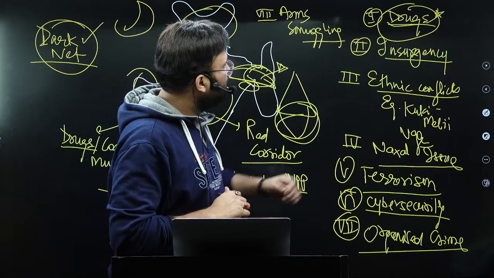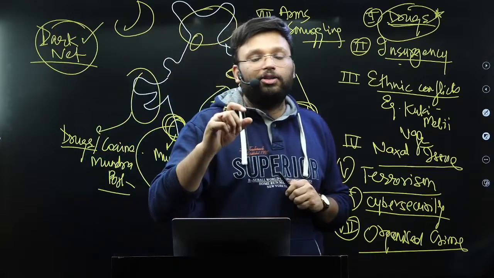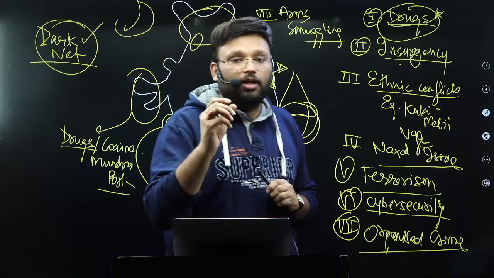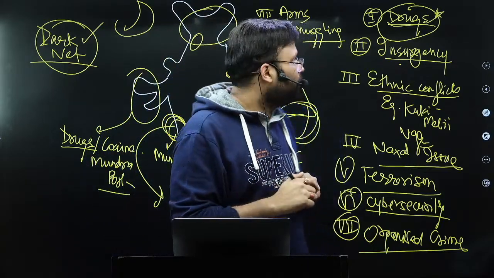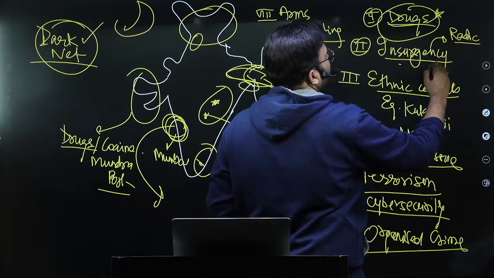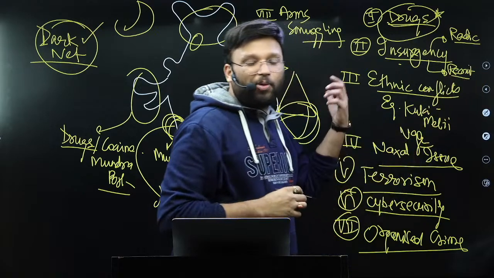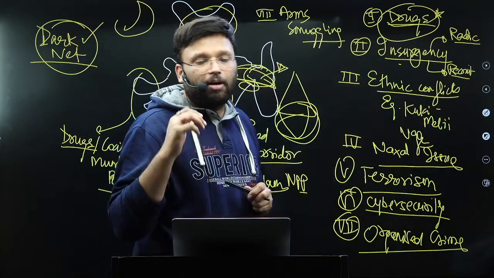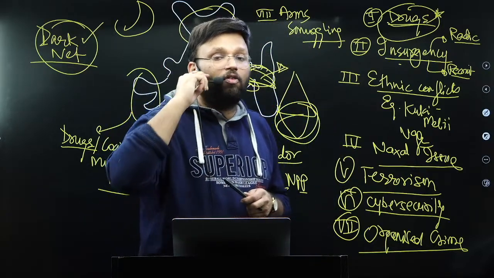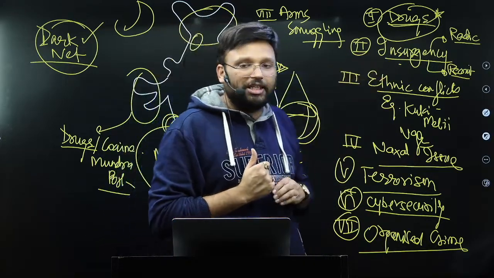Then insurgency: terrorist organizations are using media for radicalization, for recruitment, for furthering their propaganda, for pushing disinformation. But what role has it played in removing the insurgency?